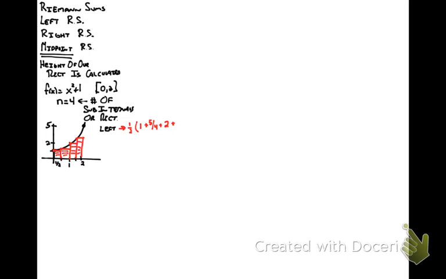When x is 3/2, we are at 9/4 plus 1, 13/4 is the height of our fourth rectangle. So a left Riemann sum for the area under this curve, the approximation, would equal 30/8, or if we reduce that down, it is 15/4.